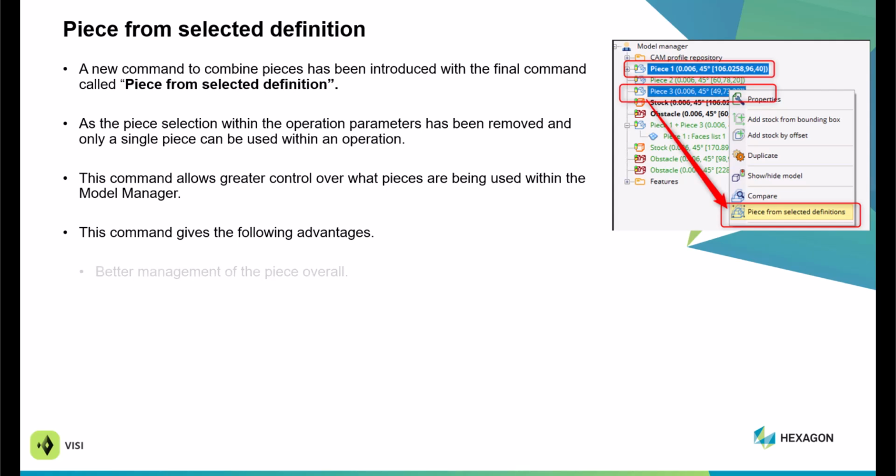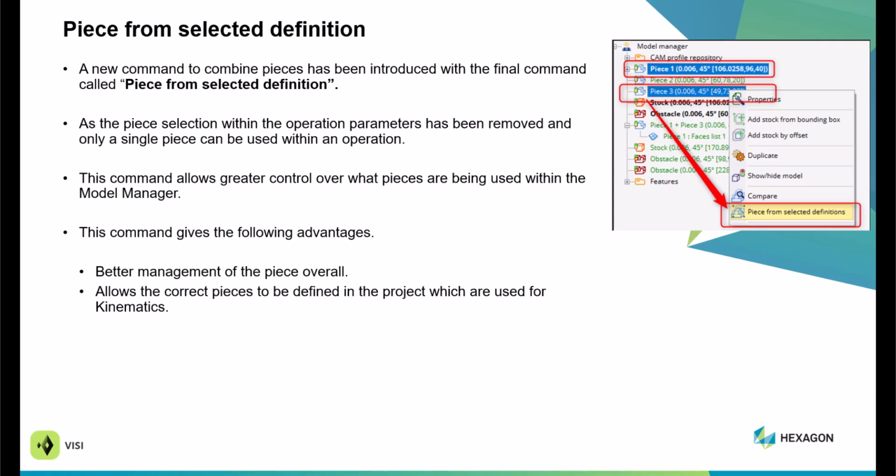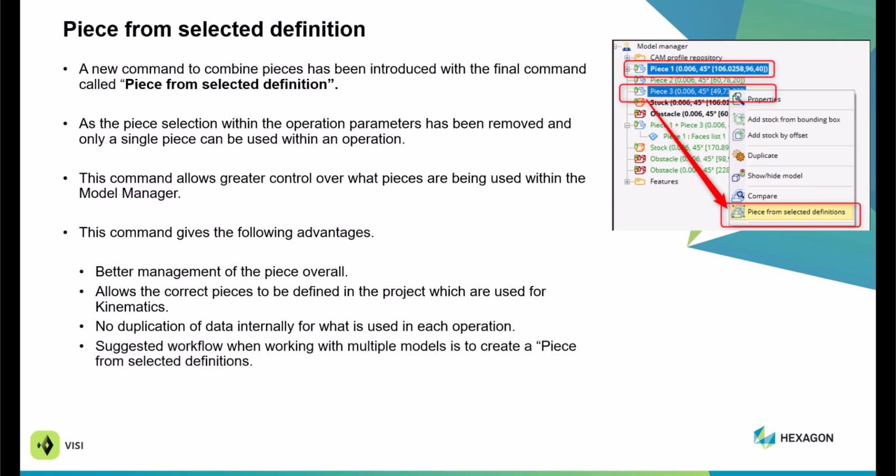The command gives the following advantages: better management of the piece overall, allows for the correct pieces to be defined and used within kinematics, no duplicates of data internally for what is in use in question for each operation, and the suggestion for workflows when multiple models are associated to a piece. This can be done with piece, stock, and obstacle.